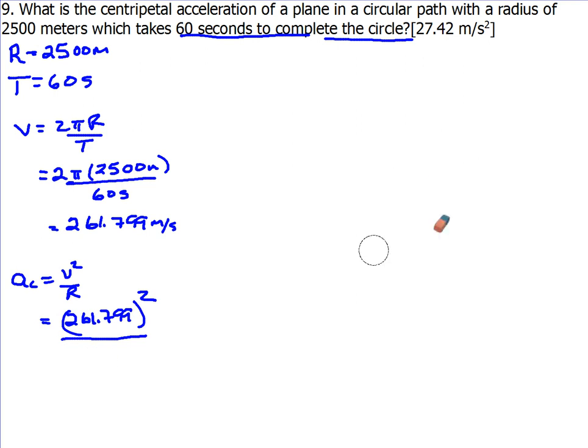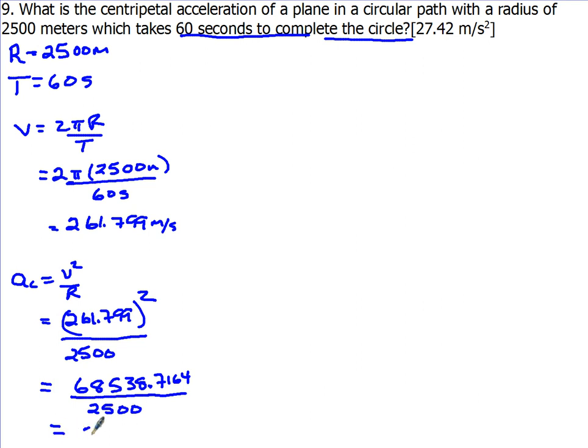Let me erase it. Teachers make mistakes all the time. There's 2,500. So this becomes 68538.7164 divided by 2,500. Or, when I divide this out, 27.42 meters per second squared.